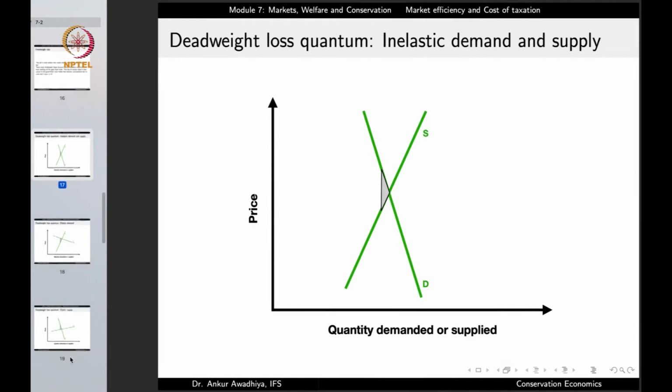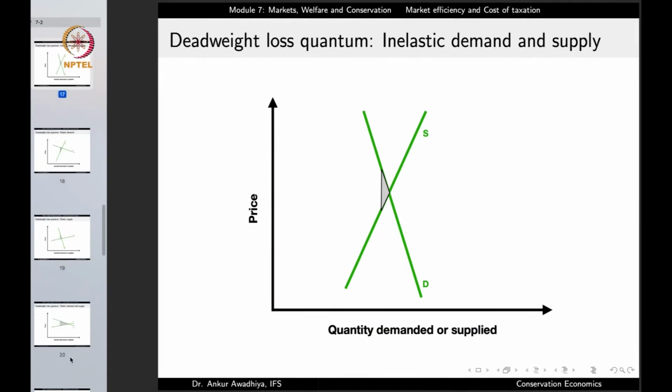Now, the quantum of the deadweight loss would depend on how elastic or inelastic the demand and supply are. If you remember, when we talk about inelastic demand or supply, they are represented by curves that are more towards the vertical.